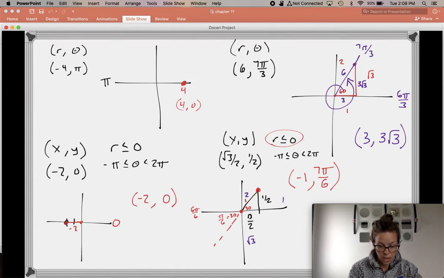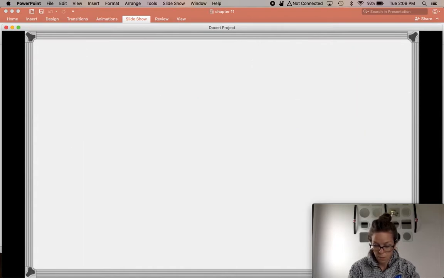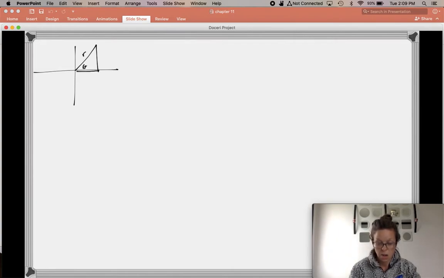And then now let's look at how we switch back and forth between those equations. So that picture I said I was going to draw up for you of the relationship between x, y, and r, theta. So theta is an angle, and r is the distance from the origin. And then x is horizontal and y is vertical.